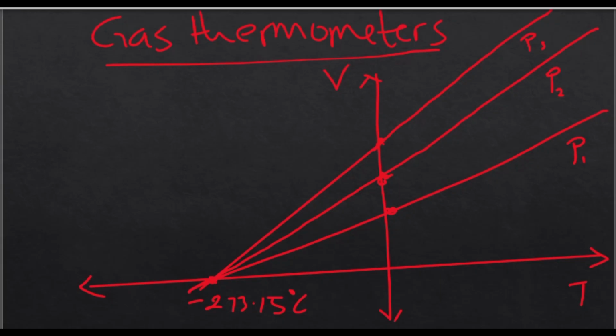Okay. The other thing is the opposite can happen. You can try to keep the volume constant and check what happens to pressure when you change temperature. It turns out the same thing happens. Pressure will decrease to zero and it will happen still at negative 273 degrees Celsius.